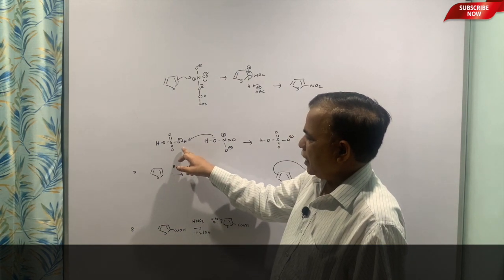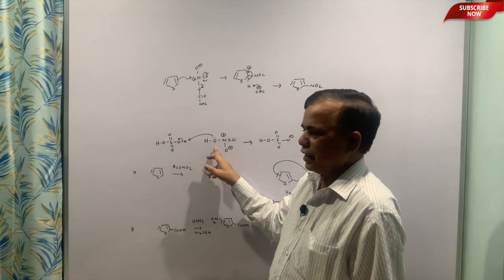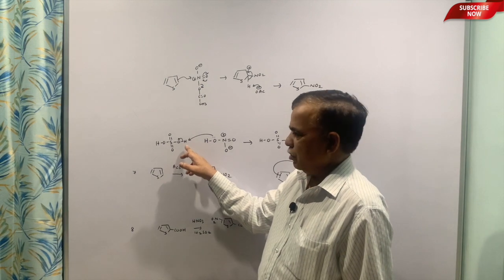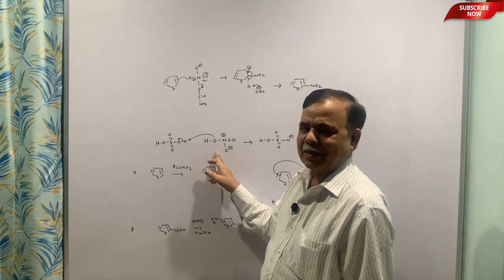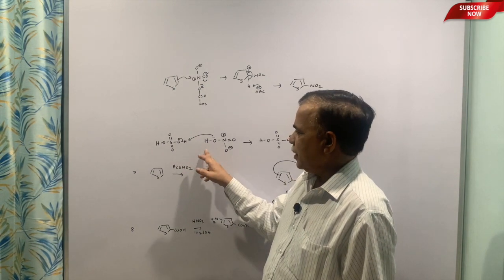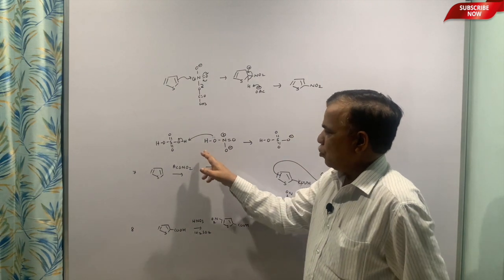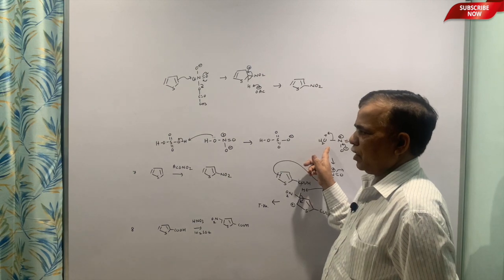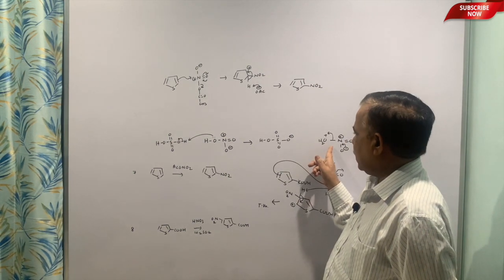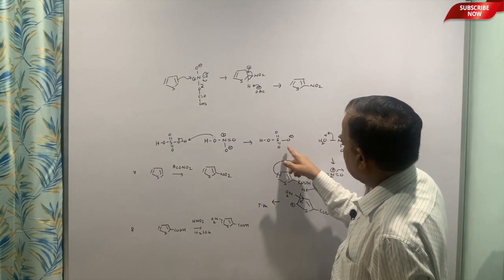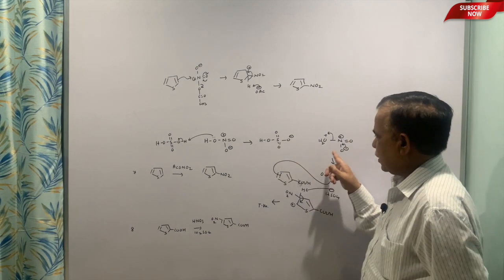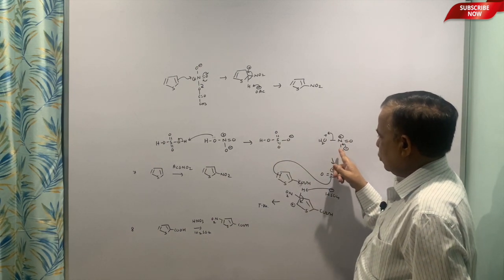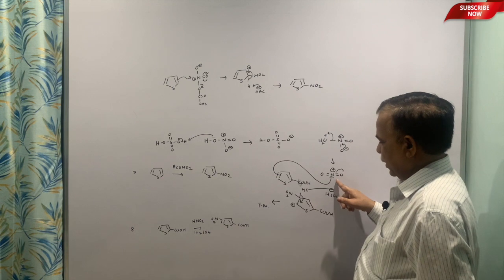The sulfuric acid being a stronger acid than nitric acid, this can abstract a proton. So proton donor is acid, proton acceptor is base. So that is the relative acidity, basicity amongst these two. So this is the conjugate base, this is the conjugate acid.